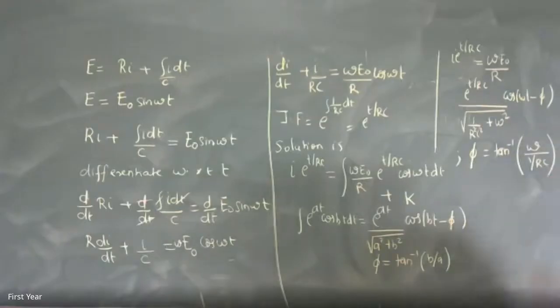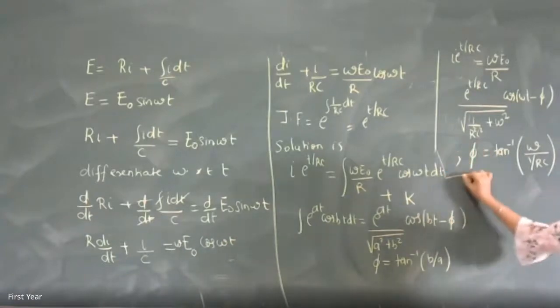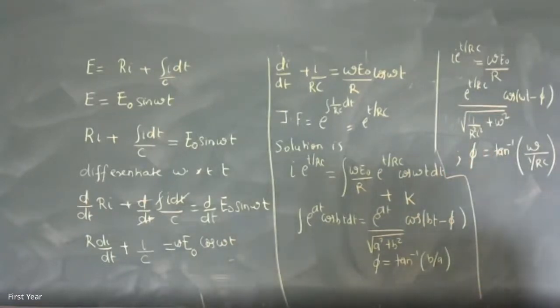So that will become omega RC. Okay. So we write plus constant of integration has to be written, plus k.